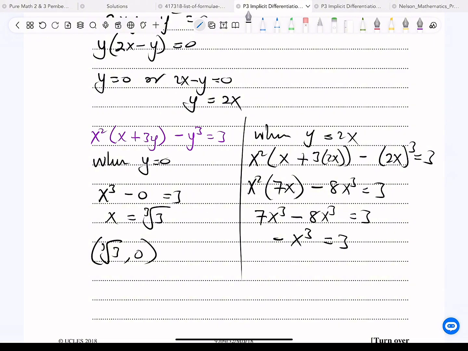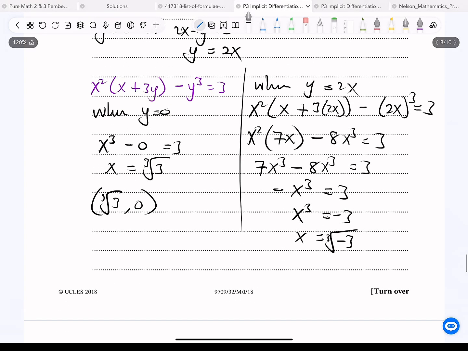So x cubed equals -3 and x will be the cubic root of -3. So if that is the case, the y value will be 2x, right?